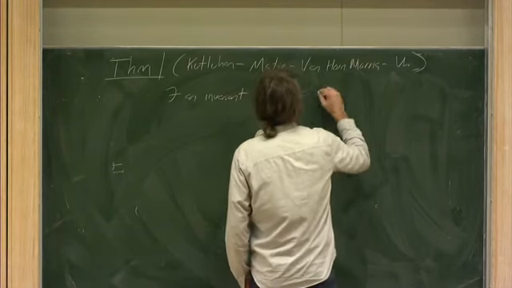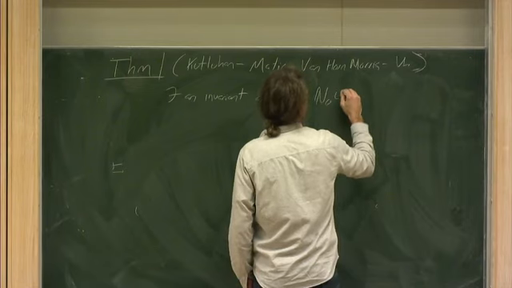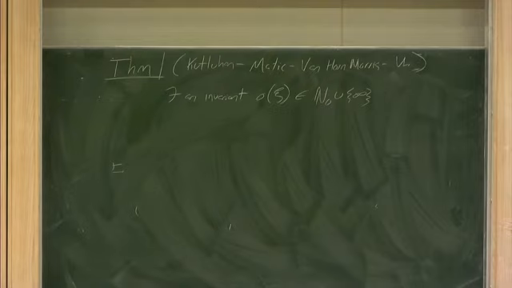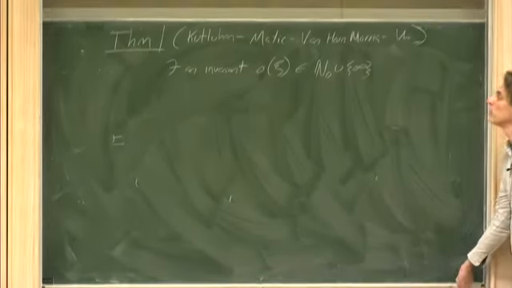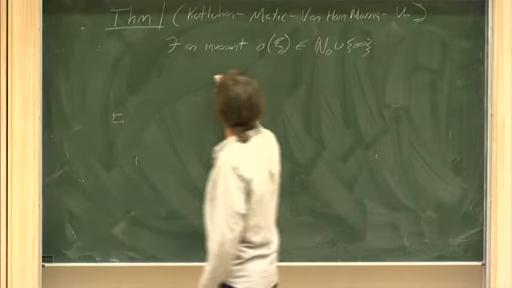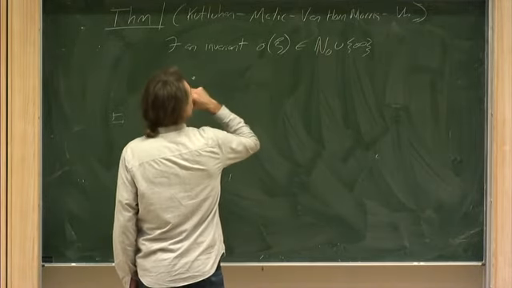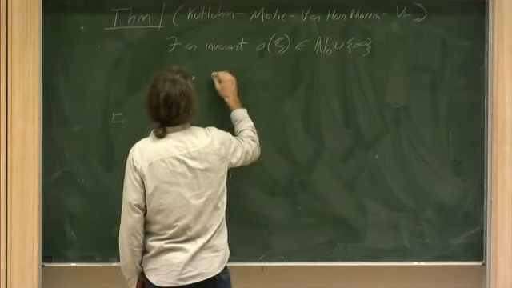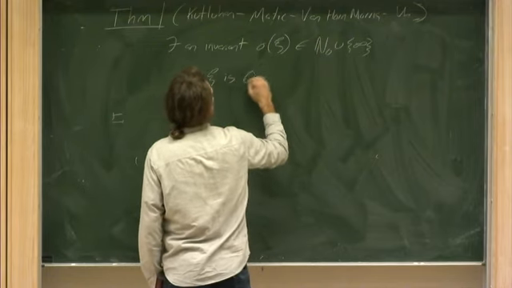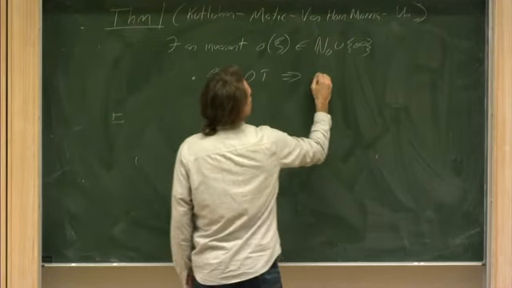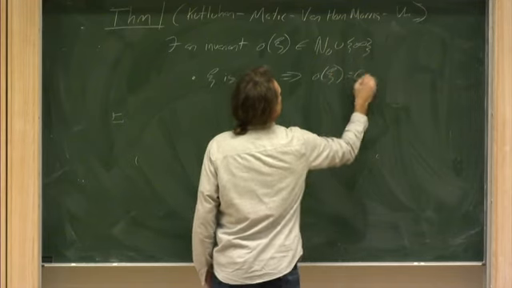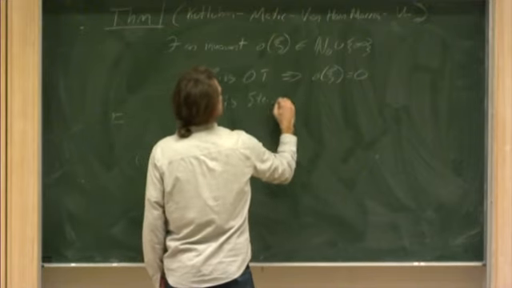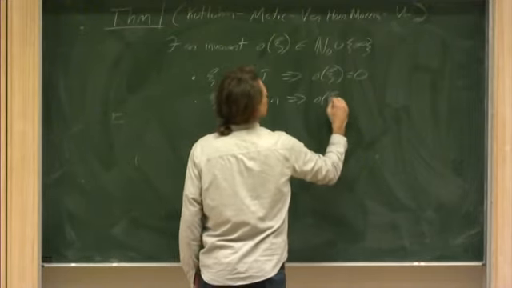This invariant, well, it's a natural number, it might be 0, it might be infinite, and it satisfies the following laundry list of desired properties. Well, first of all, it satisfies the same things that the contact element did. If C is overtwisted, then the order is 0. If C is Stein, then the order is infinity.